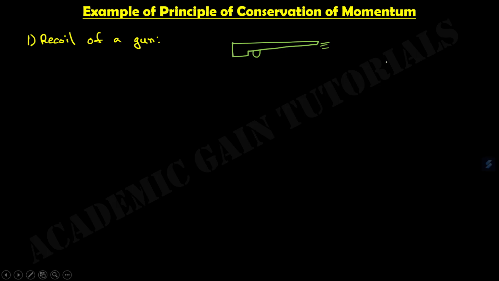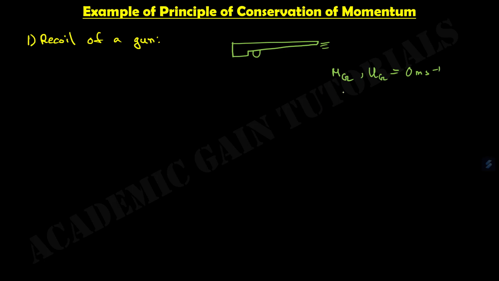When no bullet is fired from this gun, suppose the mass of the gun is m of g and the initial velocity of the gun is capital U of g, and when we don't shoot any bullet from this gun, the initial velocity of the gun will be 0.